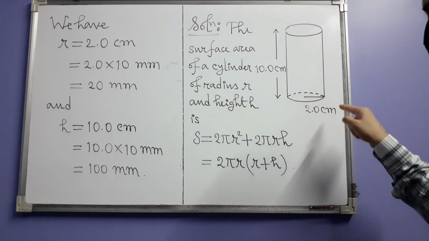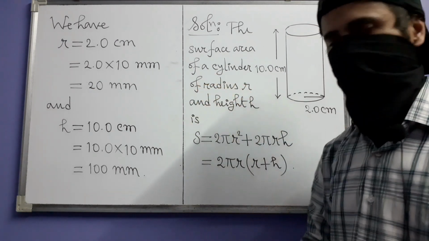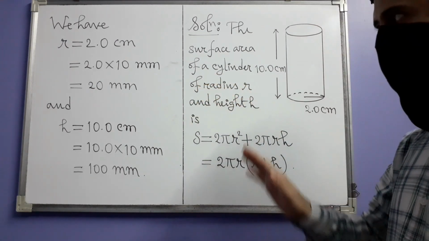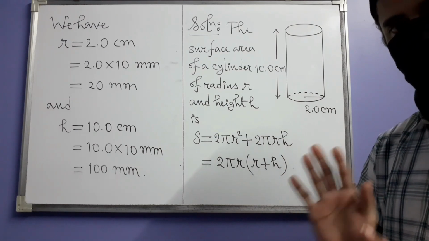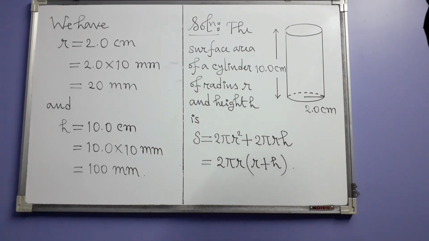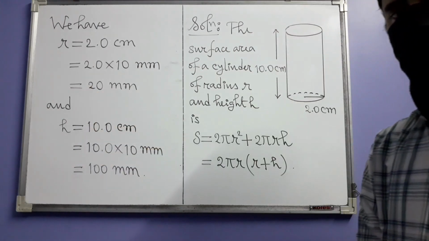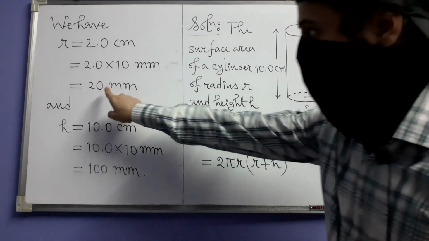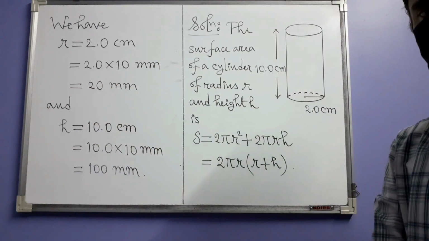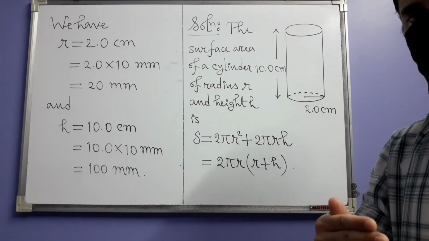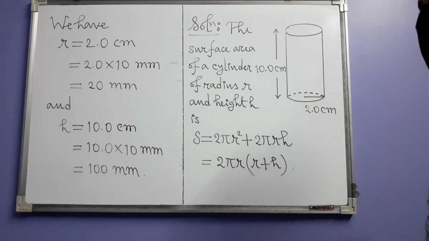Alright, now if you change the units centimeter to millimeter, you would want to keep the number of significant figures intact, but the value that you are getting is 20. This 0 is also a trailing 0 because it comes after 2, which is the only non-zero digit here.